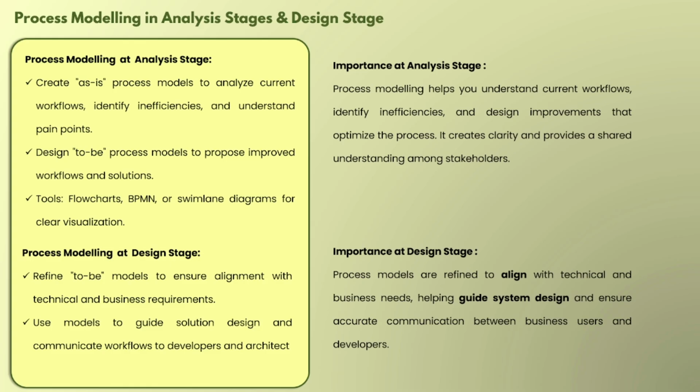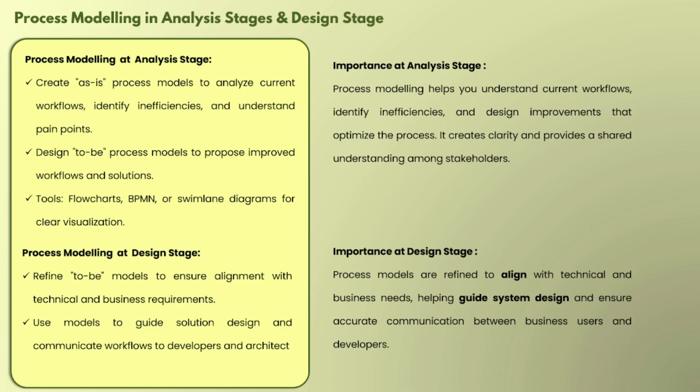Then we can use process modeling in the design stage also. Here, when we have the to-be model available, we can refine the to-be models to ensure alignment with technical and business requirements. Use models to guide solution design and communicate workflow to developers and architects. Well, in short, process modeling can be used at two stages, as we have seen.